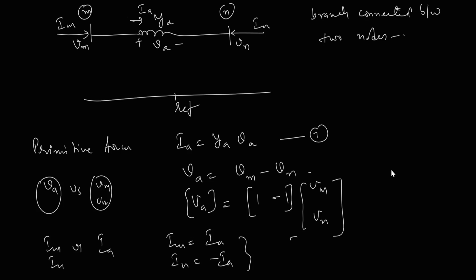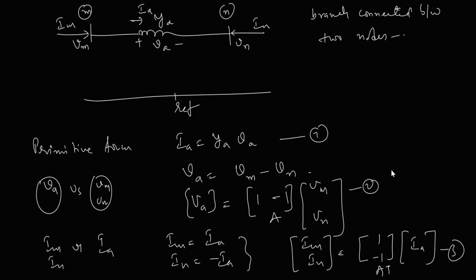So from this, if I write down Im In, this is Ia, so I have 1 and minus 1, right? So if this is A, this will be A transpose, right? Now, so this is the second equation and this is the third equation.